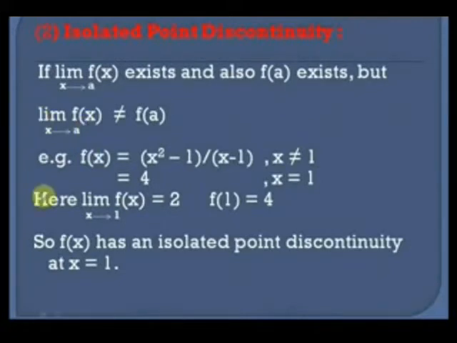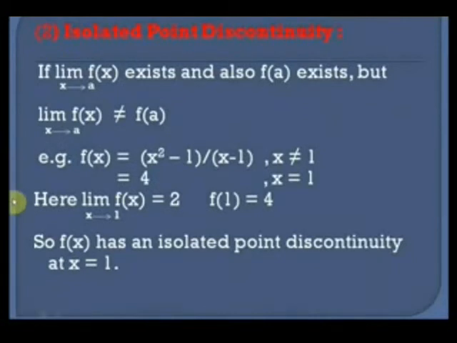For example, consider the function f(x) = (x² − 1)/(x − 1) when x is not equal to 1, and f(x) = 4 when x is equal to 1. The limit of f(x) when x tends to 1 is equal to 2, and given that f(1) is equal to 4, 2 is not equal to 4, so the limit of f(x) is not equal to f(1). Thus f(x) has an isolated point discontinuity at the point x equal to 1.